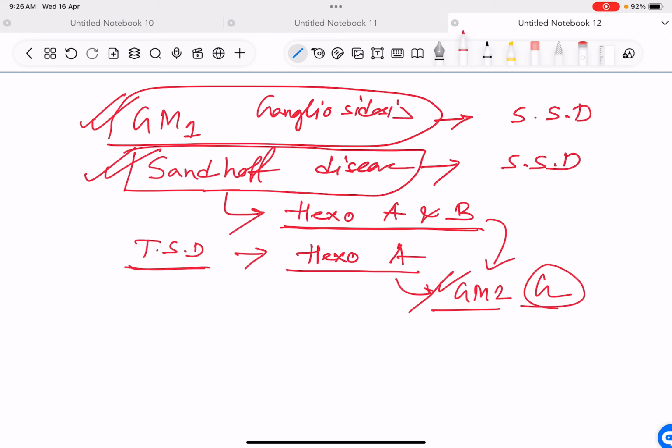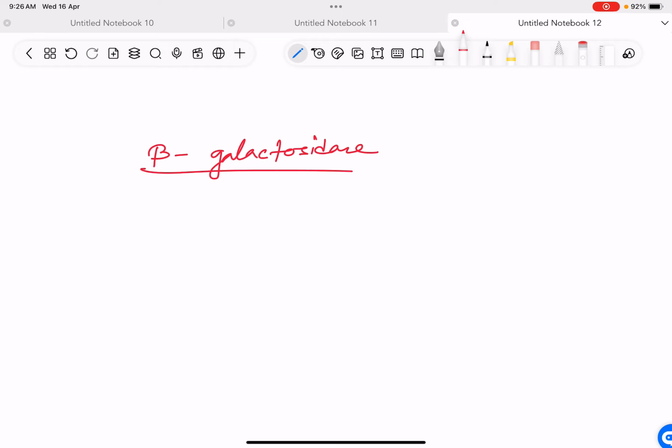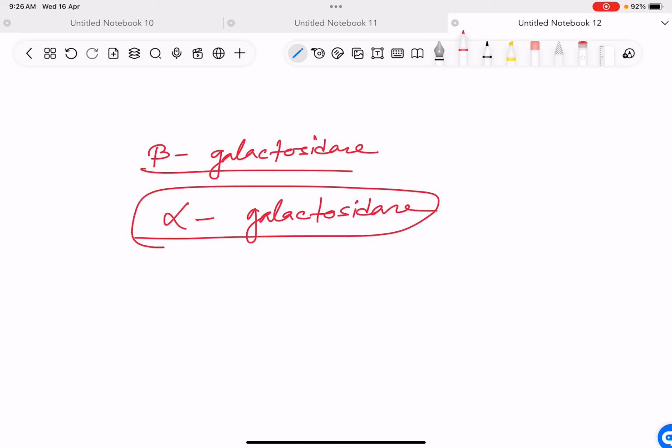In GM1 gangliosidosis, there is accumulation of GM1 ganglioside, which is due to the defective enzyme beta galactosidase. If you remember, there is one condition where alpha galactosidase is defective. Which is that? It is Fabry. In Fabry, the defect is alpha galactosidase.